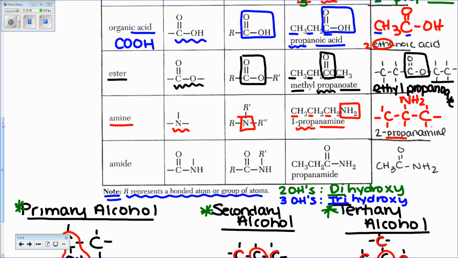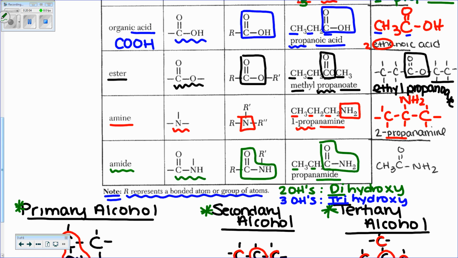Okay, last one. Last one is your amides. So amides are going to have a C with a double bonded O and an N, and at least one H. So these are the craziest looking ones. Here it is. So they call this propanamide. Very close to the amines when I say amide. So let's see why we said prop. 1, 2, 3 C's.